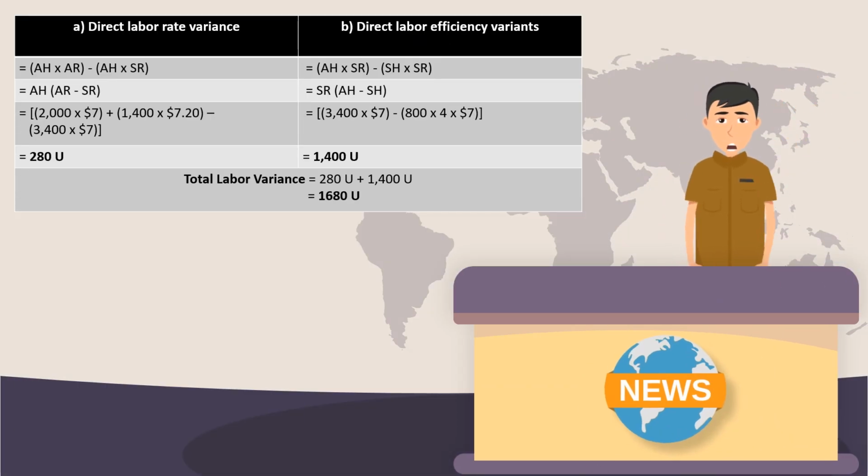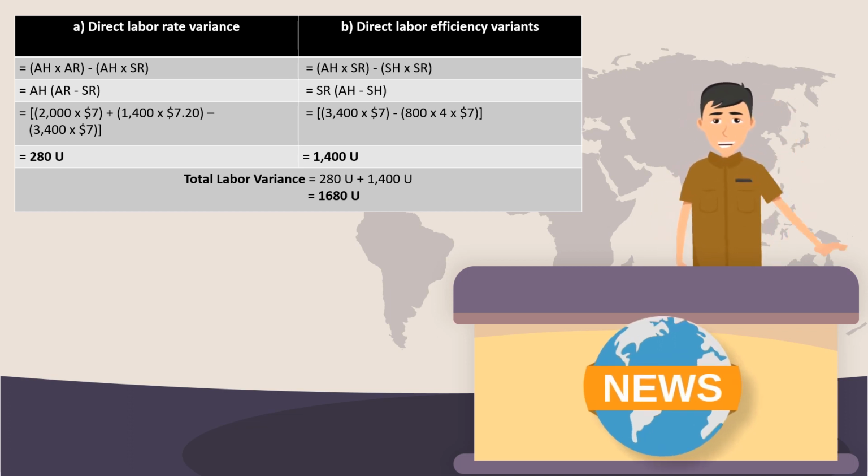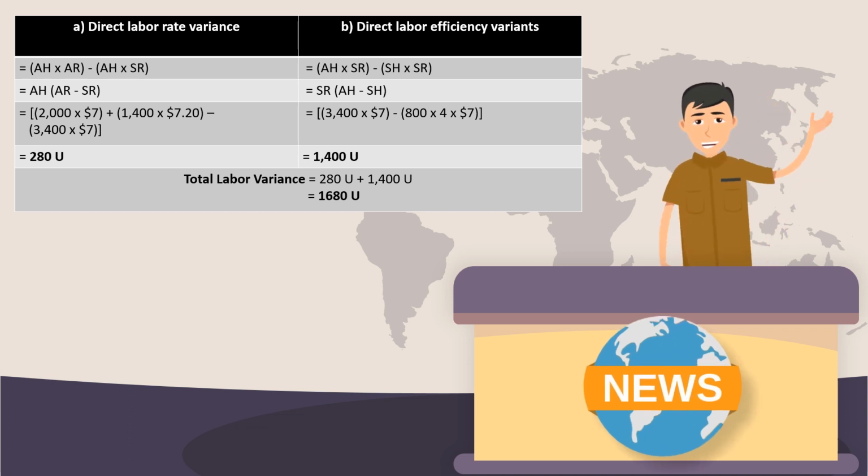Alright, for question A, we need to compute the direct labor rate variance by actual rate minus standard rate times actual hour. So first we need to add the normal time of October and then the overtime of October. Then we can multiply the actual hour by 7. So we get the answer, 280 unfavorable.